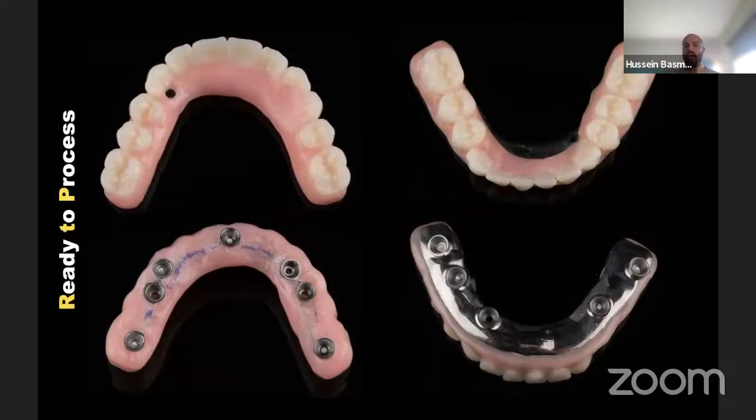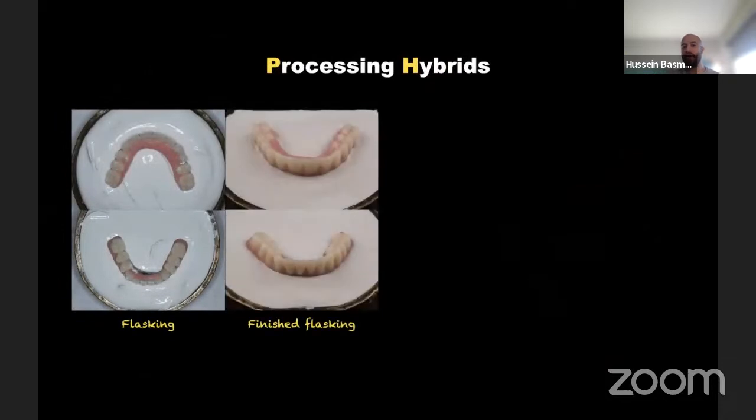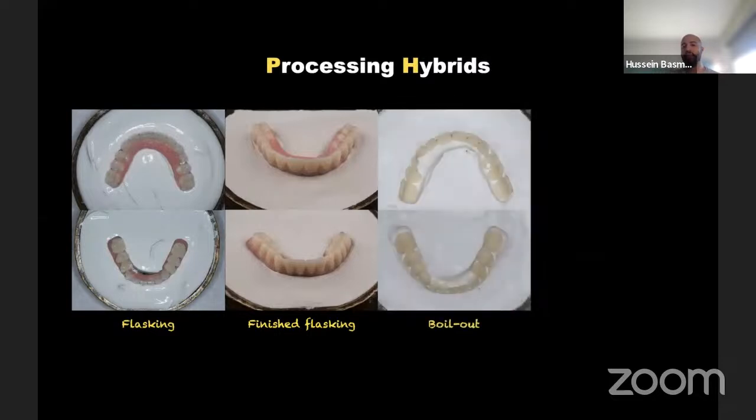Once we have adjusted everything in order to have an ideal final prosthesis, we move into processing the hybrids by sending it to the lab. The lab is going to flask the final wax up that we already have.